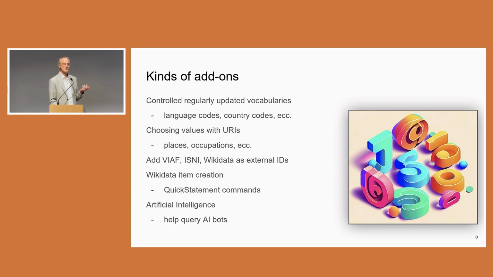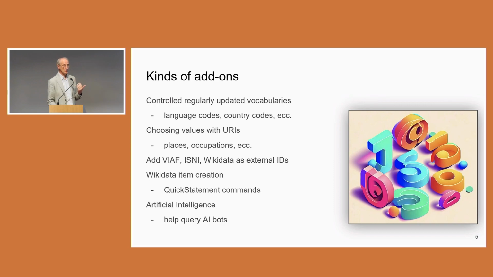Or choosing values with URIs for places, occupations, and other kinds of information that the cataloger, old style, simply adds as a label. So I have to remember that we decided to write this as this label. No, the system can help you a lot, and it helps more by adding the URI.